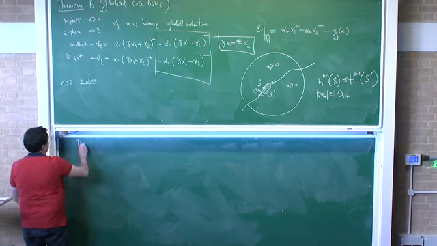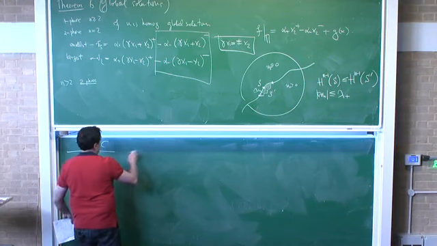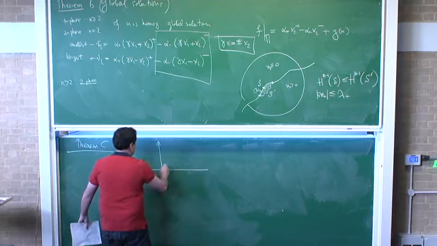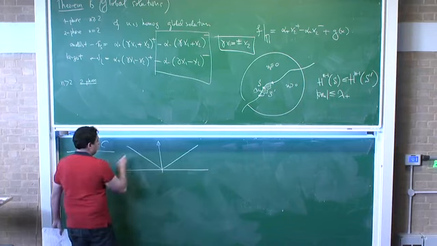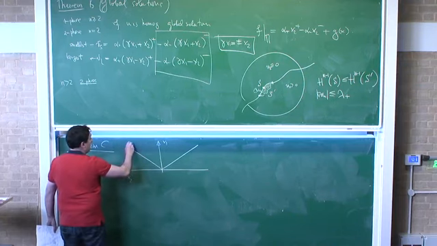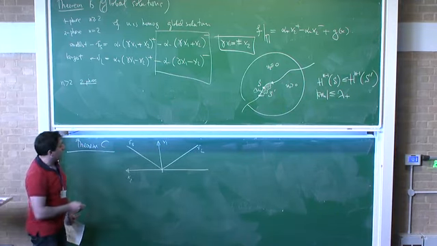So let's call this theorem C. Now, think that these are the free boundaries. So think that this is x2 and this is x1. So this is the free boundary of the small one, and this is the free boundary of the large one.